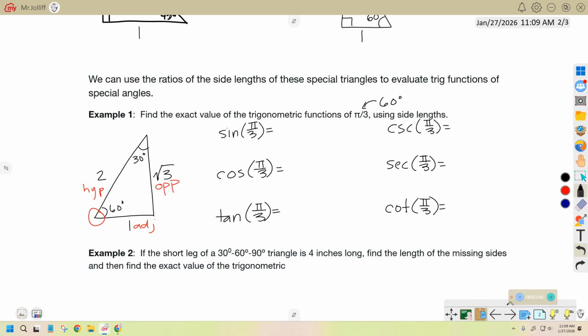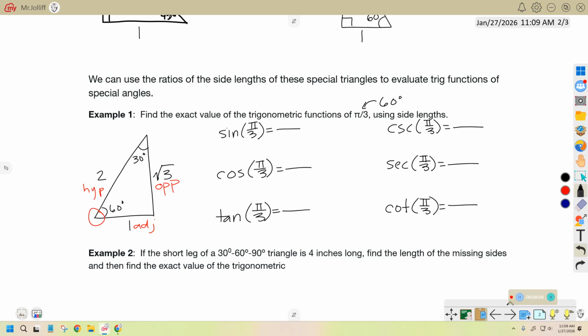I know these are going to be fractions. We'll start with the sine function.